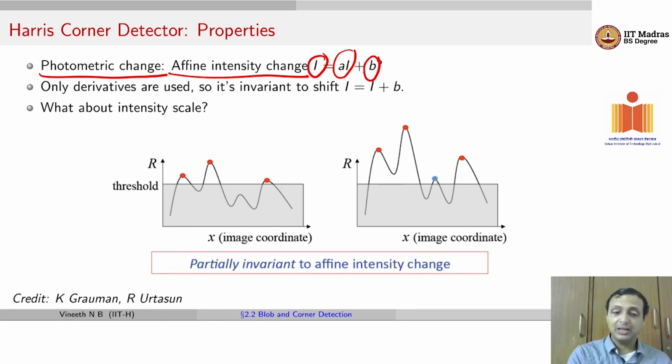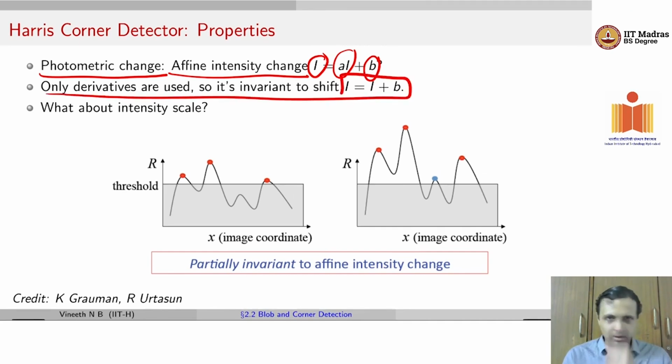In this particular case, if you notice, for only the translation, it really does not matter. You would find the corner whether you increase the intensity in all places by an amount or otherwise; it would still find the corner. But about the scaling part of the intensity change, by multiplying it by an A, it depends on the threshold that you choose.